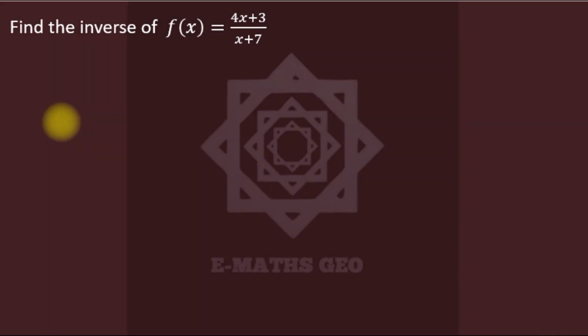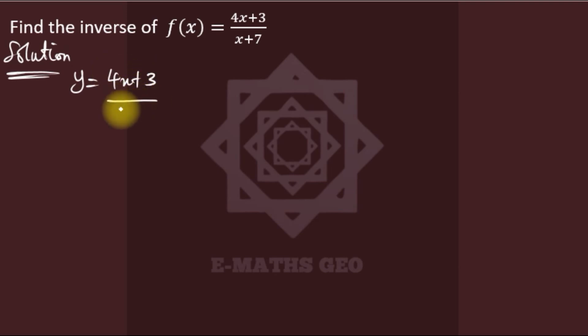Find the inverse of this function. So remember the steps. First of all, let's write f of x as y. The next thing we have to do is to make x the subject of formula here. So let's write this equation in terms of x. First of all, we cross multiply.